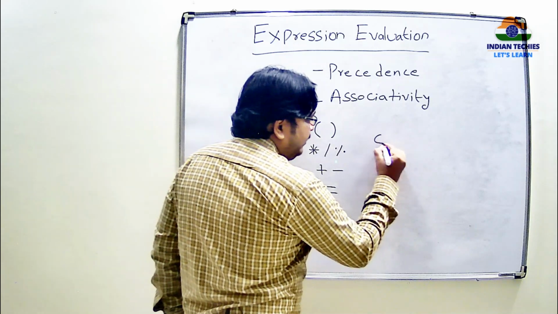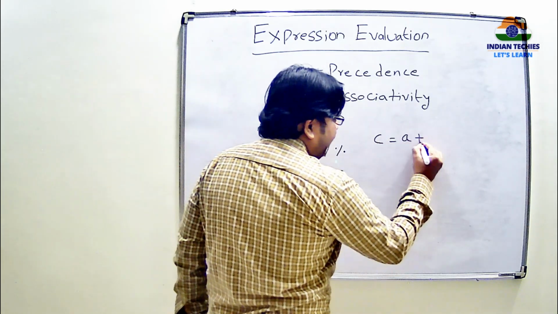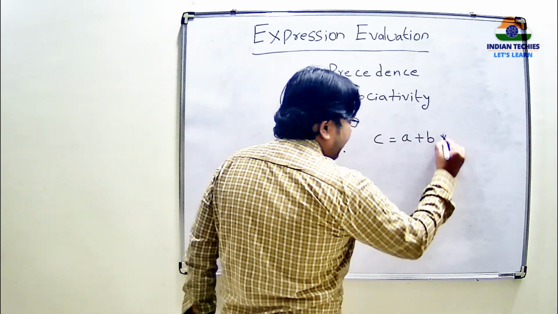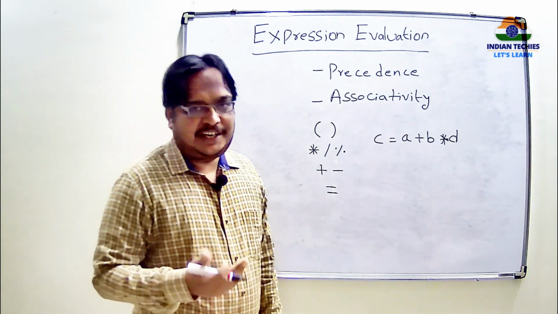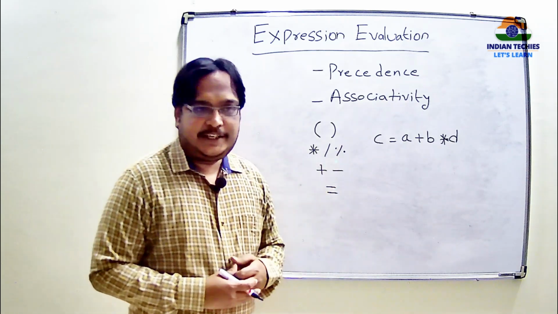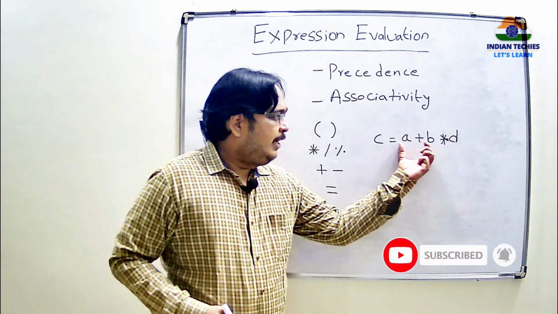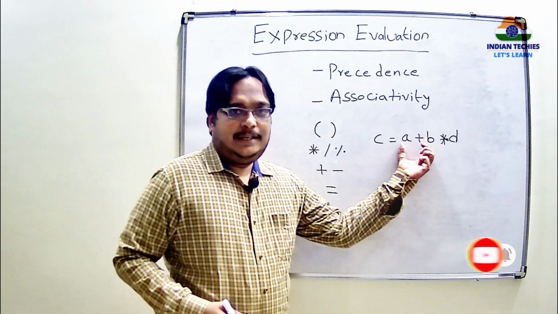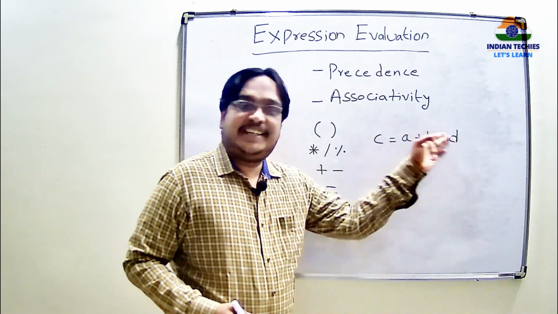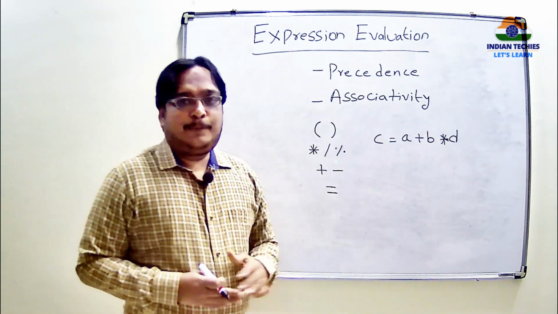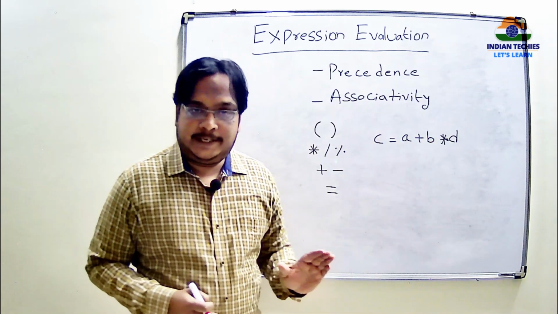Suppose C is equal to A plus B into D, some values. It may be integers or fractions or whatever, just for understandability of the calculation. Now, as per the equation, A plus B is first, then that value should be multiplied with D as per the sequence. But in the C programming language, first A plus B will not be calculated.